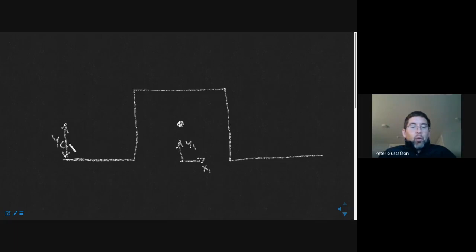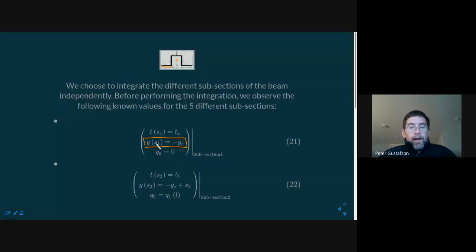Okay, so that's where the yc came from, the centroidal height from the centroid down to the midline of this segment. And the reason it's negative in our equation is because it is obviously downward relative to the parent coordinate system.